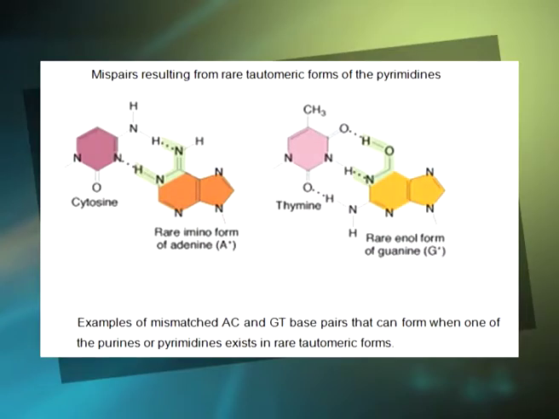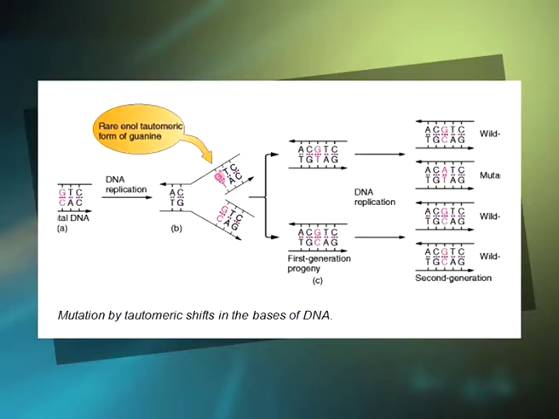In this figure, you can see the various examples of mismatched AC and GT base pairs that can form when one of the purines or pyrimidines exist in rare tautomeric forms. The appearance of the AT pair represents a GC-AT base pair transition. The same process is also seen in the DNA double helix as shown in the figure.